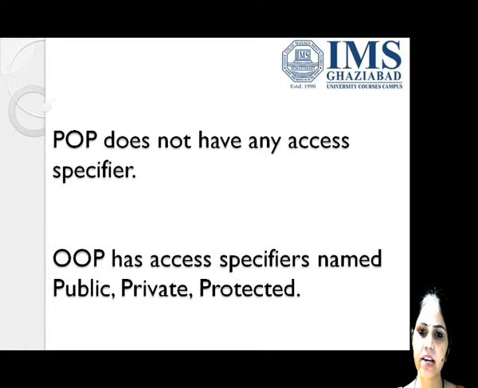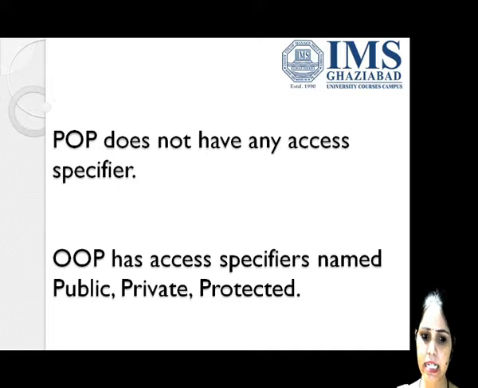POP does not have any access specifier. Access specifier means a way to control the usage of the data. Here we don't have any access specifier, that means we don't have any control over the use of the data. Whereas in OOP, we have access specifiers like public, private and protected.